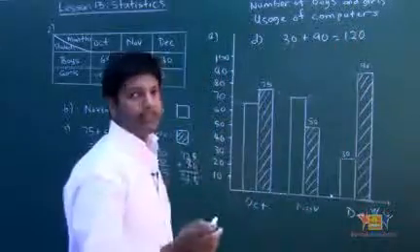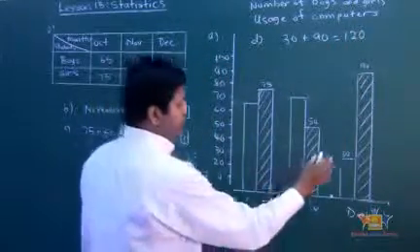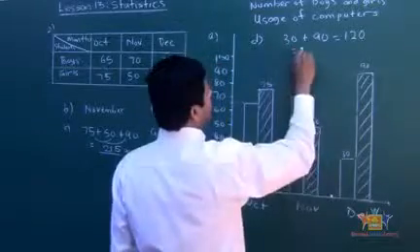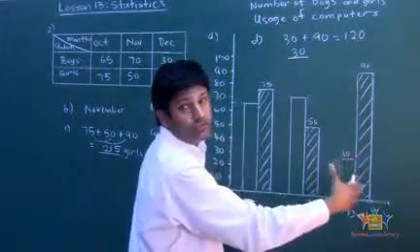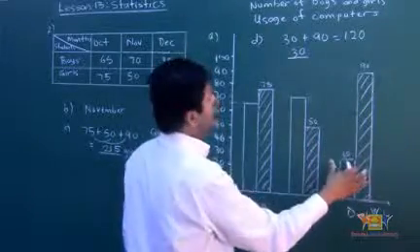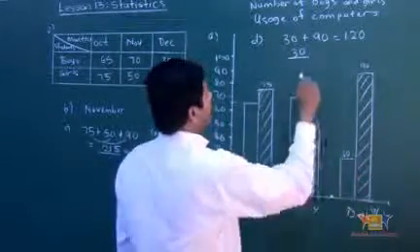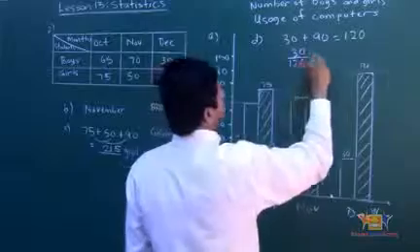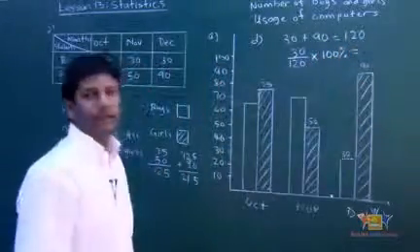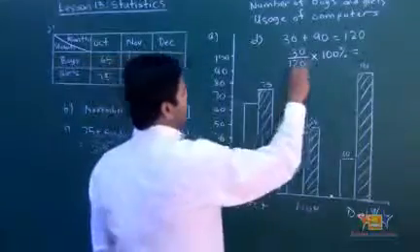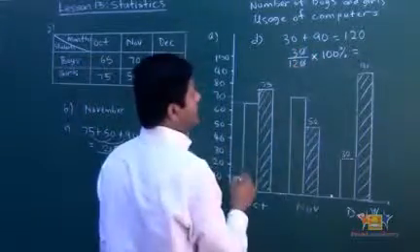To find the percentage for the boys, you take the boys' number, which is 30, and divide that by the total number of students that used the computers in the computer lab, which is 120, and you multiply that by 100%. Then you simplify. The 0 and 0 cancel out.